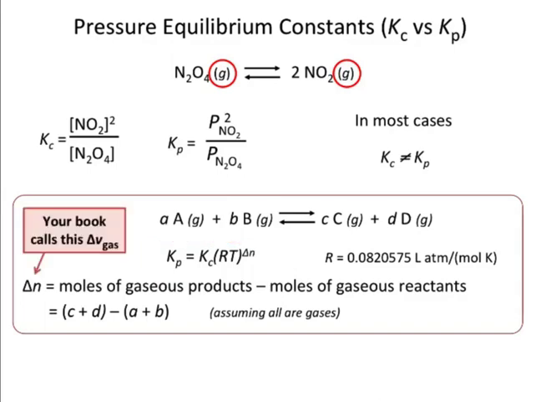One final nuance is that your textbook calls this delta nu gas because they're trying to make it different than the n that just sits by itself in the ideal gas law. I don't like this because most people look at this and say v gas. Oh, we're dealing with volumes here. And let me reiterate, this is not volumes. So again, I don't like it.